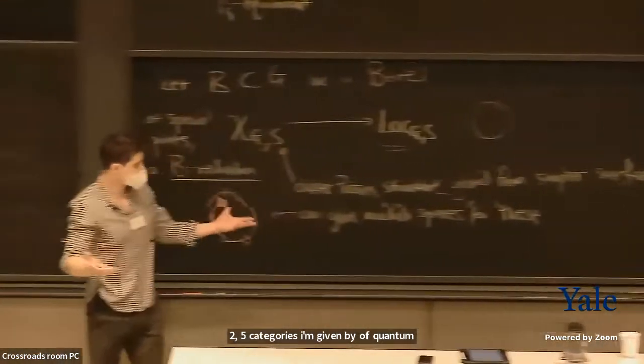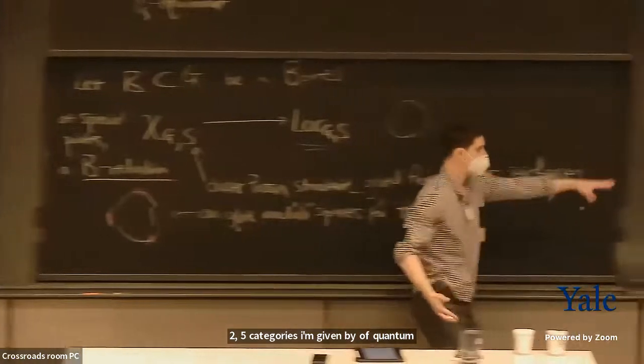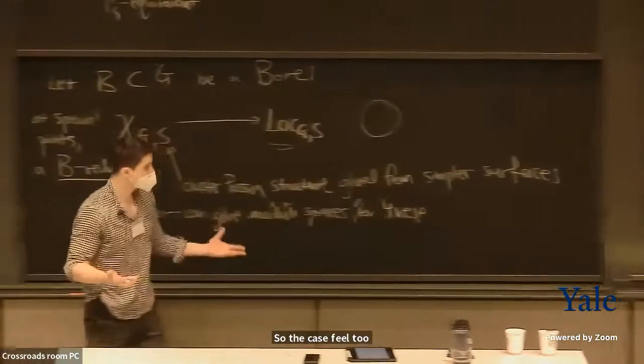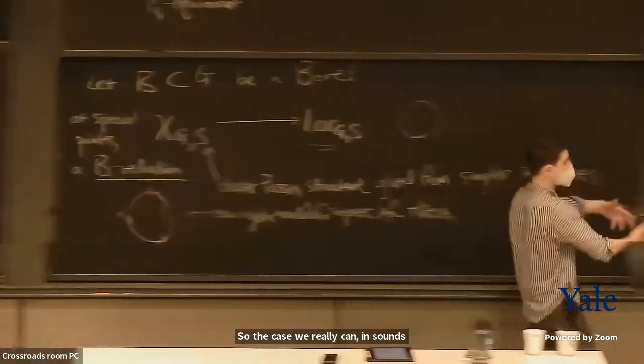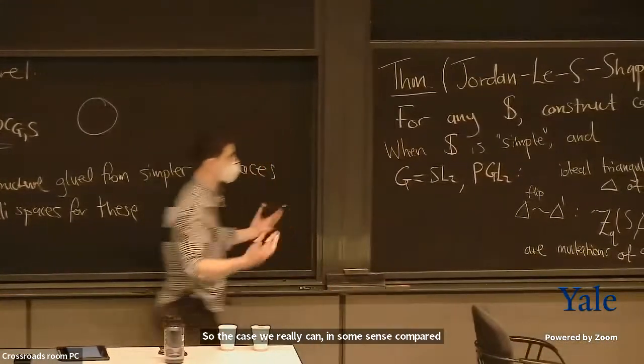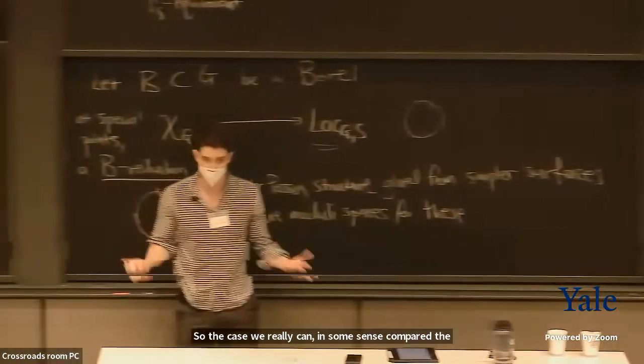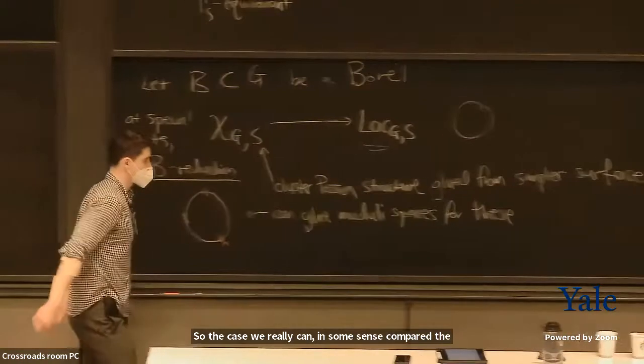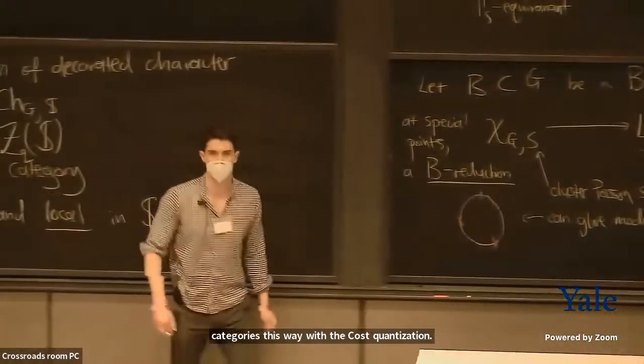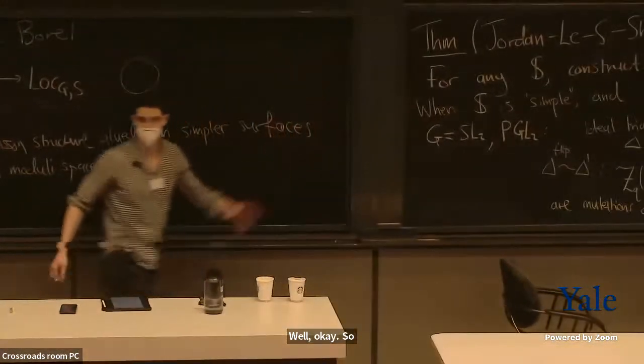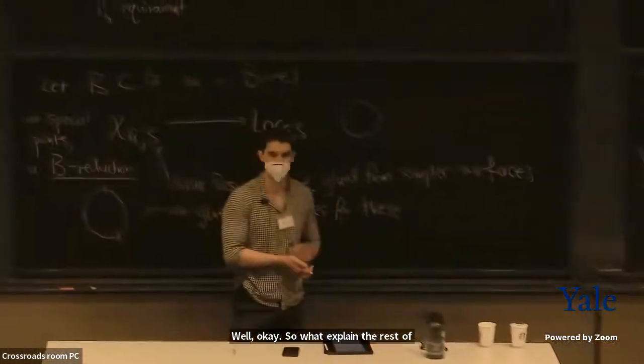So in the case that our group is SL2, we really can, in quite a strong sense, compare the categories we construct this way with the cluster quantization of Bonahon and Wong. I'll explain the rest of the talk, explaining the meaning of all of this business.